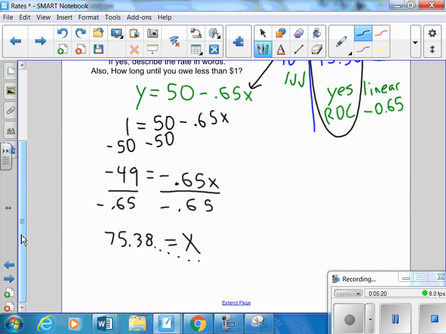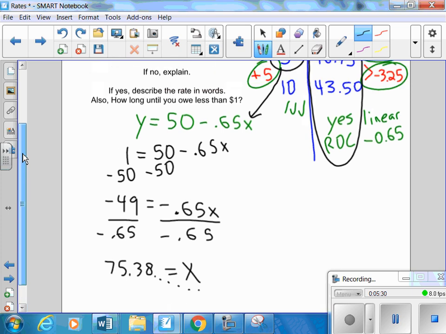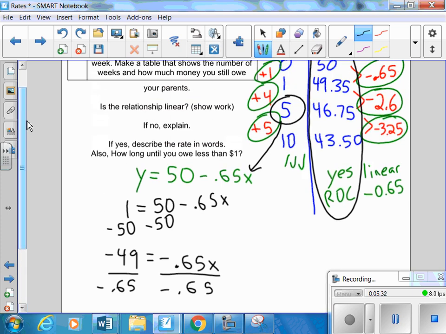So if you go 75 weeks, is that going to bring you under $1 or over? Or do you have to go to 76? So if you plug 75 in for x right here, take 75 and multiply it by 0.65, and you get 48.75.